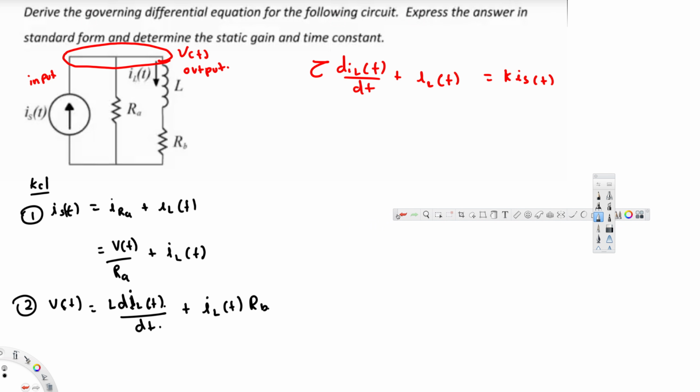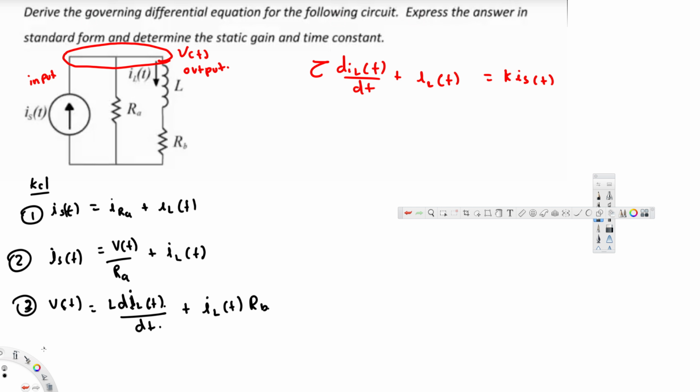Now what we are going to do is combine these two equations together. Let's say this is equation 2, this is equation 3, is(t) is equal to v(t) over RA plus iL(t). Instead of v(t), we are going to plug in this value.